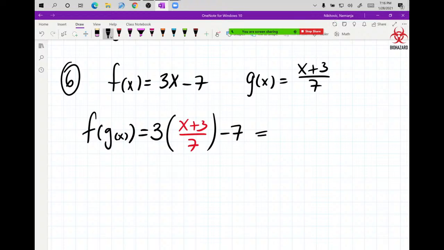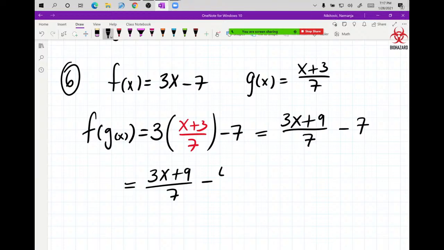Well, they don't cancel. You get 3x plus 9 over 7 minus 7. Well, that's not going to be x, no matter what you do. You can find a common denominator. You can push this further if you don't see it. Minus 49 over 7. And then you have 3x minus 40 over 7, and that's not x. So, nope.